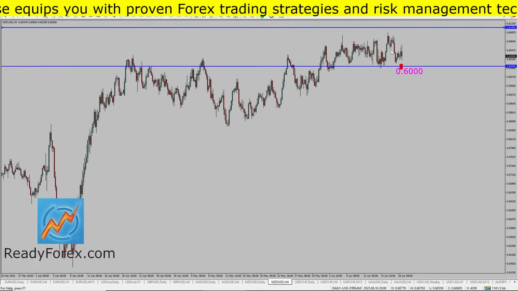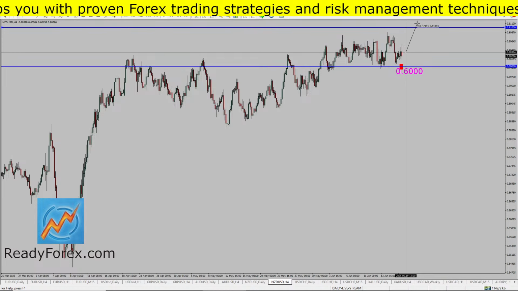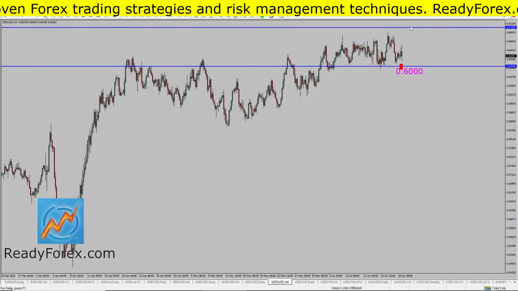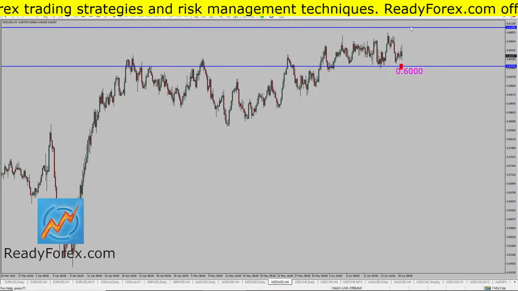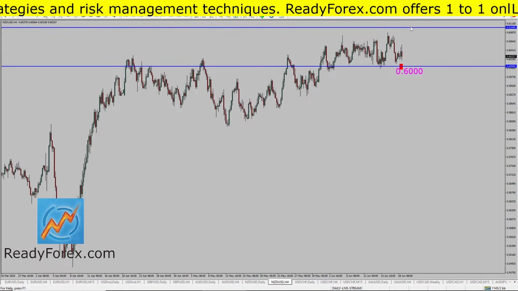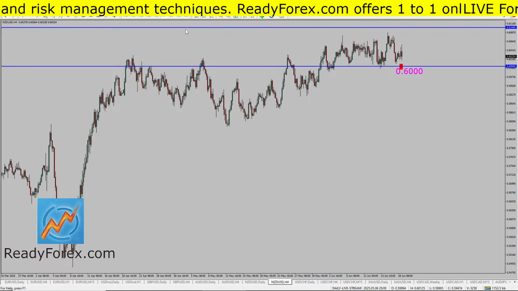It's also possible that the market might try to test this upper round number. These are also known as psychological levels, and Elliott Wave is all about trading psychology or mass psychology.